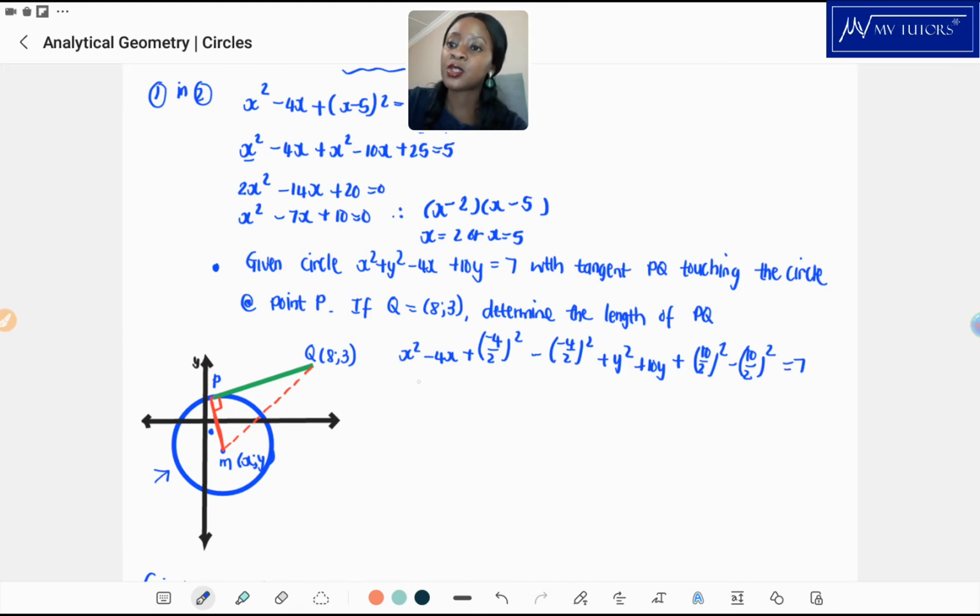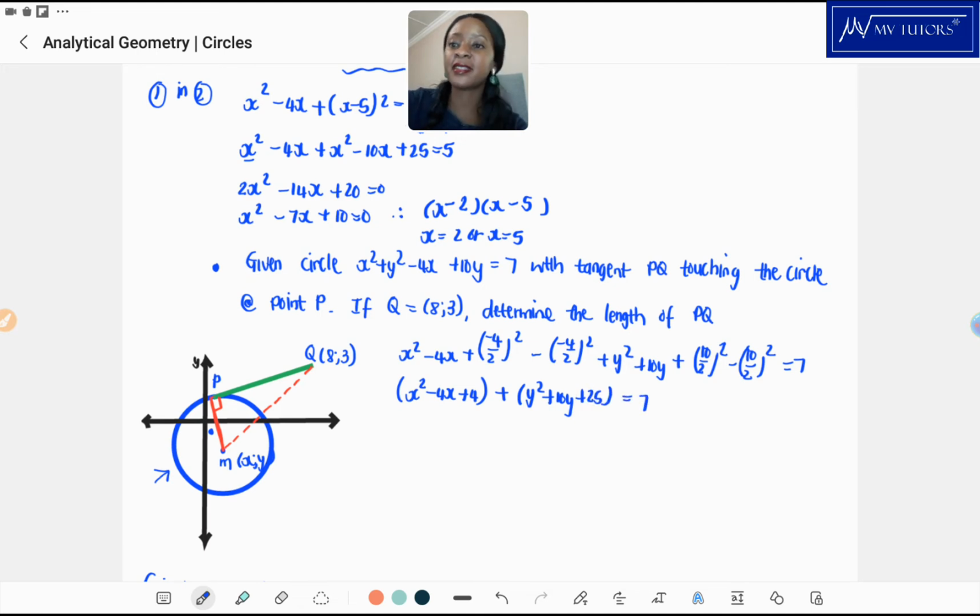So I have x squared minus 4x, and 4 divided by 2 is negative 2 squared, which is 4. Then y squared plus 10y, and 10 divided by 2 is 5 squared, which is 25.